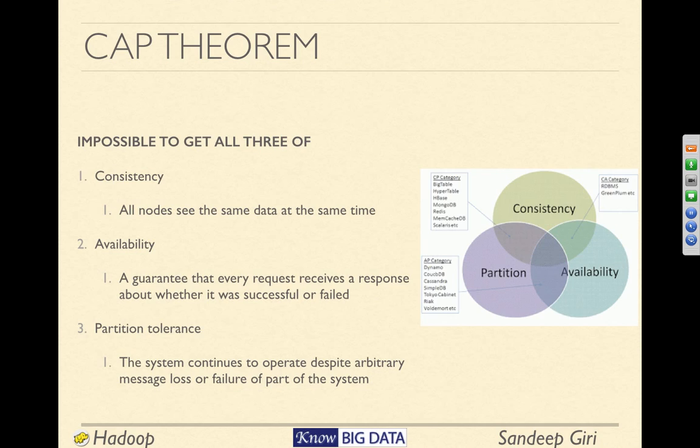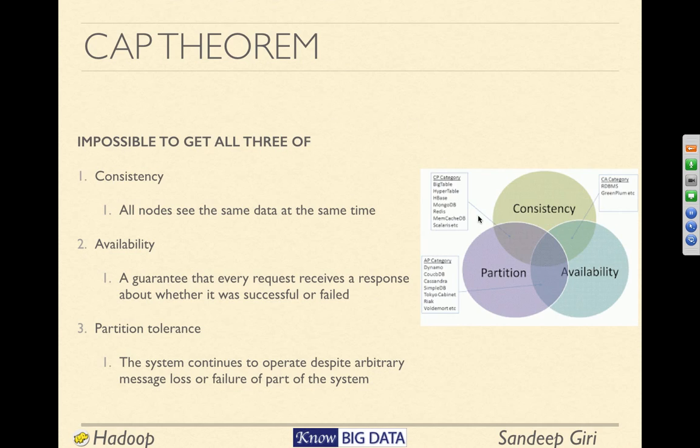Basically, the more nodes shutting down you can tolerate, the more partition tolerant you are. Now, CAP theorem says that out of consistency, availability, and partition tolerance, you cannot have all three. You will have to sacrifice consistency, availability, or partition tolerance, or more than one of those. You cannot have all three.